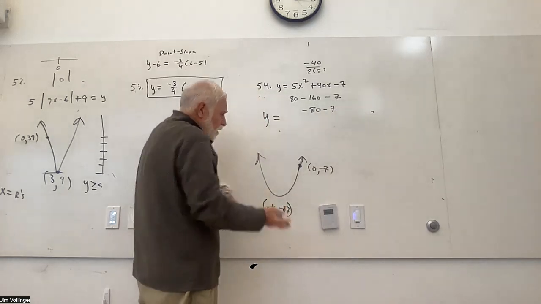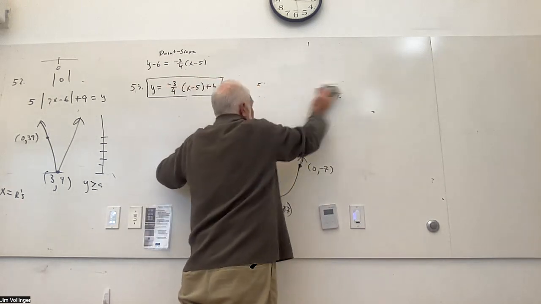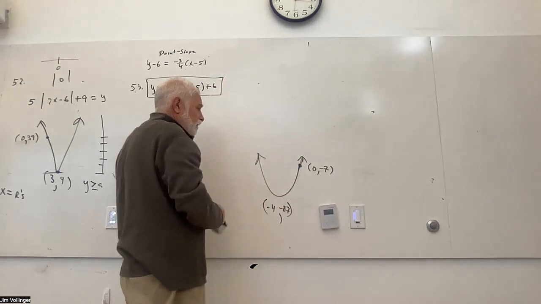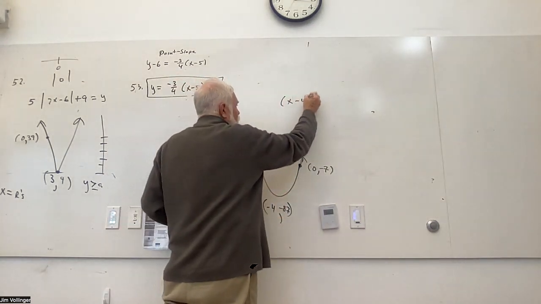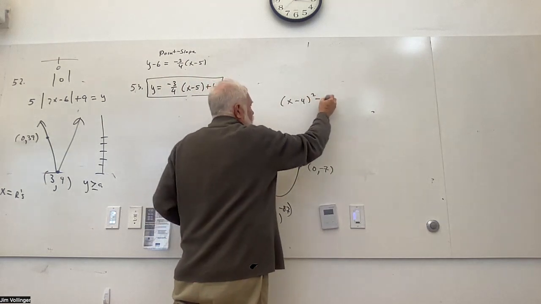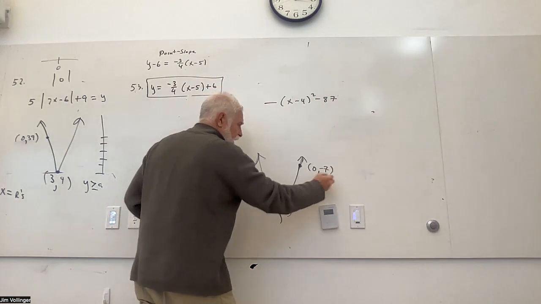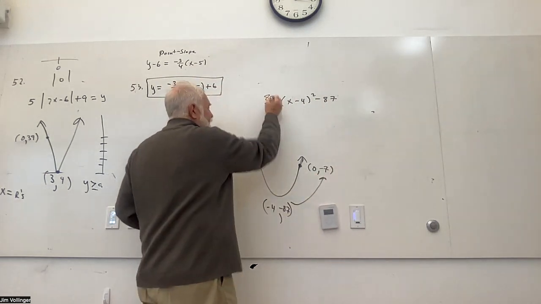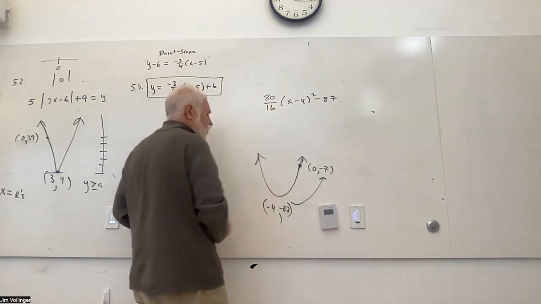So if I gave you this graph and I didn't give you the equation, and I'm asking you on the test to create it, what would you do? I would hope you would say, oh, x minus 4 squared minus 87. And I would hope you would get from -87 to -7, you've gone up 80. -4 to 0 squared is 16, 4 squared.